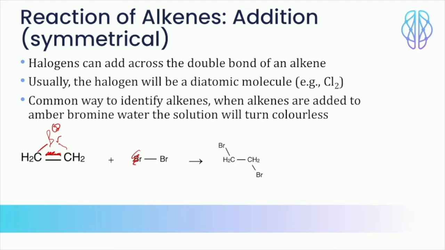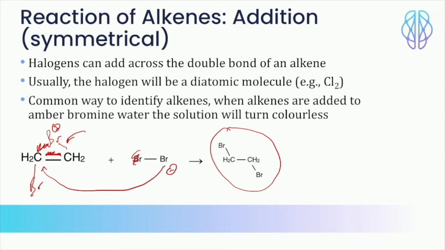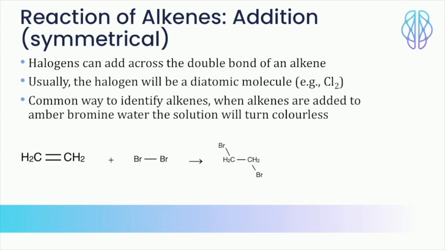What will happen then is this second bromine will come. This second bromine has a negative charge. It will come and attack this carbon from the bottom side and create a bond here, disrupting this bond here. So thus, you only have this carbon bonded with this bromine, and you get this final product, which is 1,2-dibromoethane.